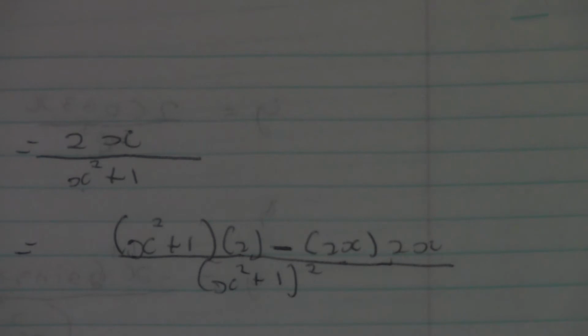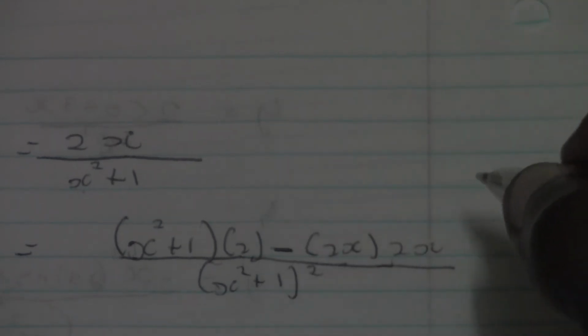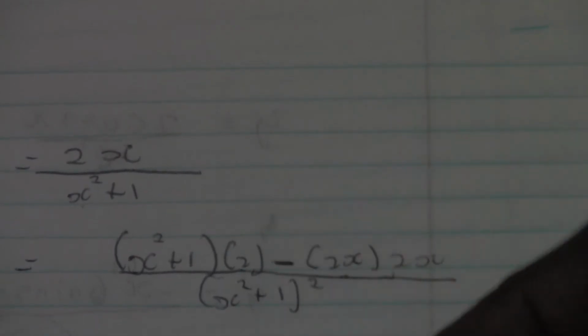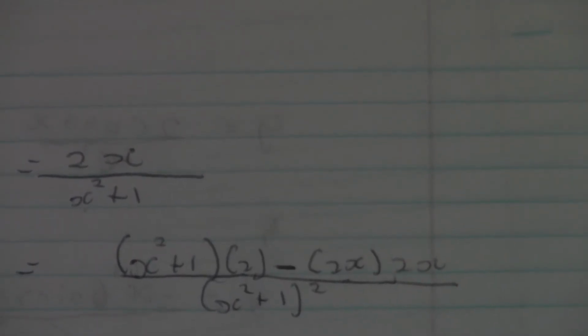Okay, y prime is equal, well, this is easy to see. This is 2x squared plus 2 minus 4x squared, right? So all over x squared plus 1 all squared. So this is negative 2x squared plus 2 all over x squared plus 1 all squared.